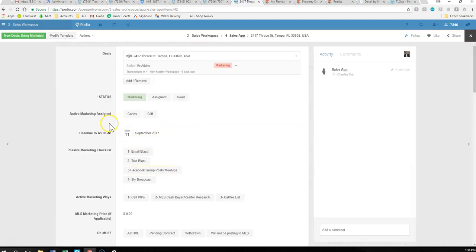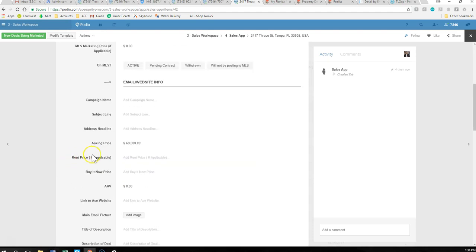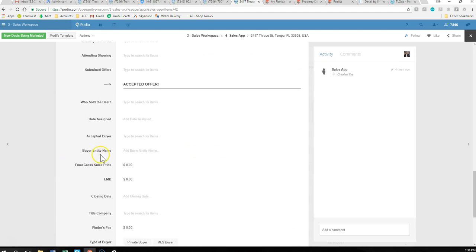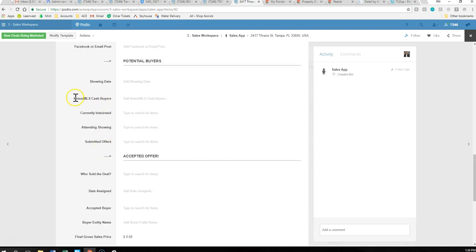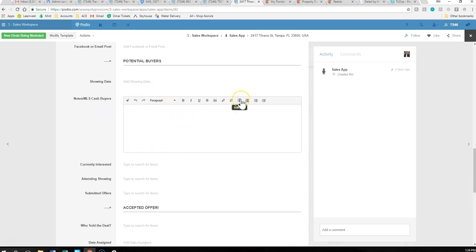All right, all of the categorizations are going to be here. And what you can do is, in notes, MLS cash buyers here, you can just put them here like, okay, 153 Main Street, I'm contacting the, let's say, seller or owner.